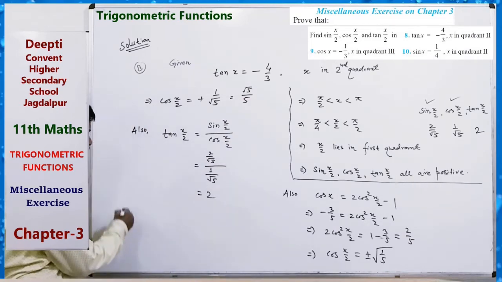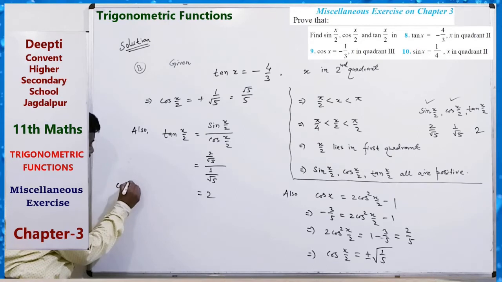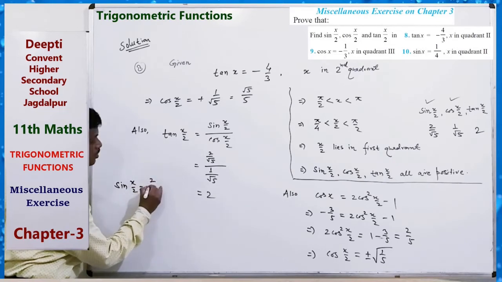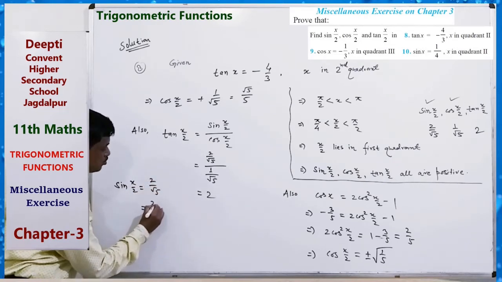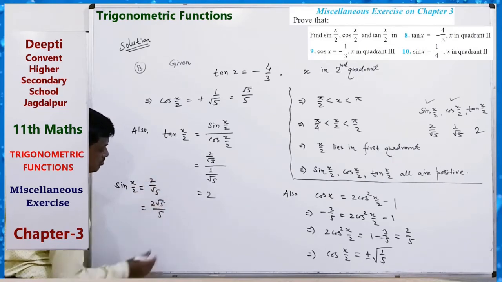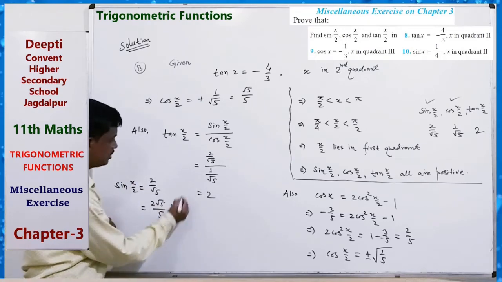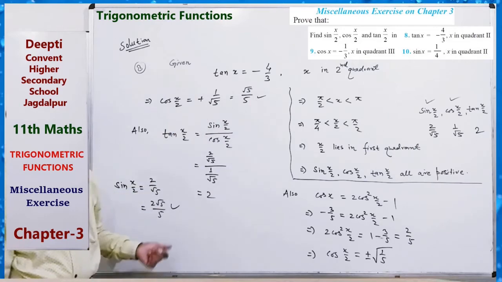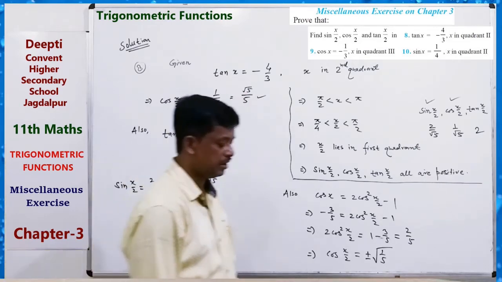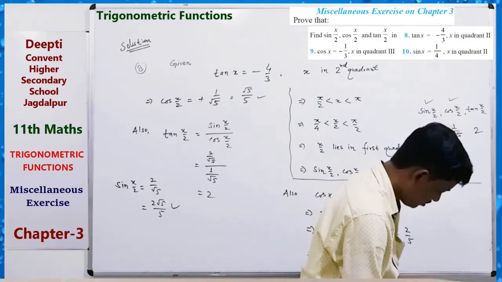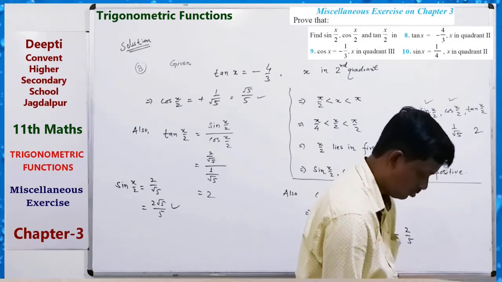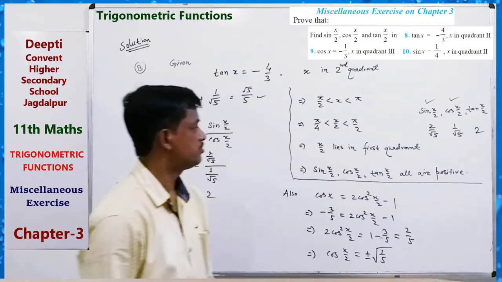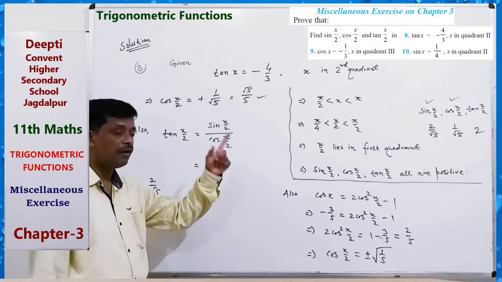And sin x by 2 is 2 by root 5, so you can write 2 root 5 by 5. This is given in the answer. So you can also write this without the root sign in the denominator: root 5 by 5 and 2 root 5 by 5, and tan x by 2 is 2. Okay, so this is the solution. So you can find half angles.